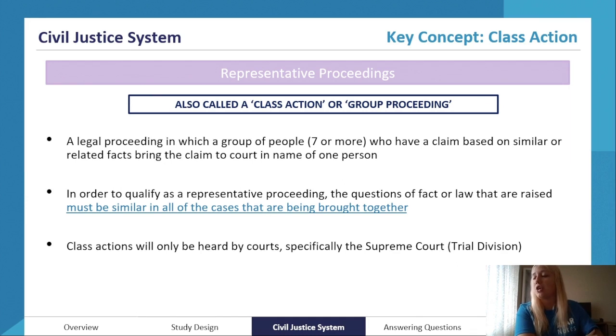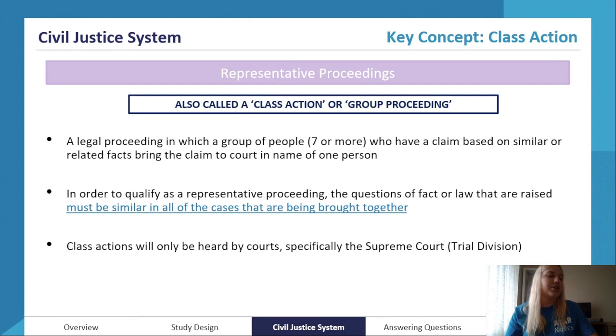If a company has charged these plaintiffs money for a service that it did not provide, in order for all of these plaintiffs to join a class action, they must have been charged the same amount of money for a service that wasn't provided, so they have the same facts, have the same circumstances, and it must have happened around the same time, etc.